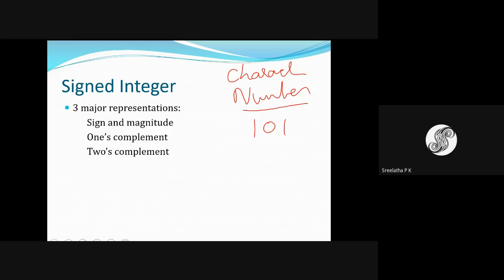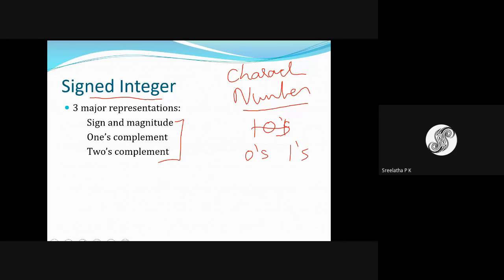Zeros and ones are used for representing or storing any data in the system. Now suppose it is a signed integer, that is, negative numbers are involved. What are the different ways in which data can be stored in a computer? There are 3 different ways: sign and magnitude, 1's complement and 2's complement.